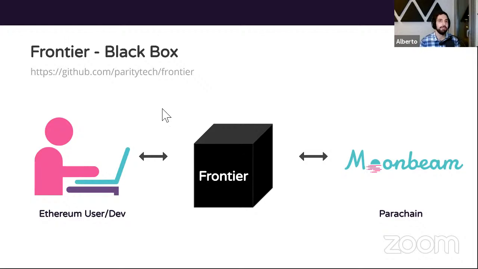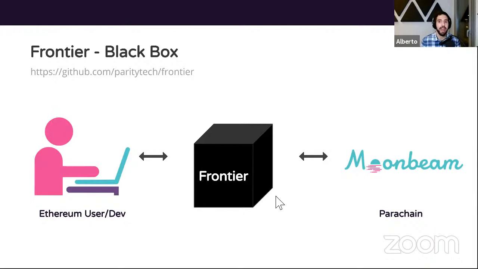The technology or stack that we use is called Frontier, which is developed by Parity, but we're actually working on this repository. The idea is that the Ethereum user or developer does the normal things they do with the tools that they know and love. These tools make JSON RPC calls, right?